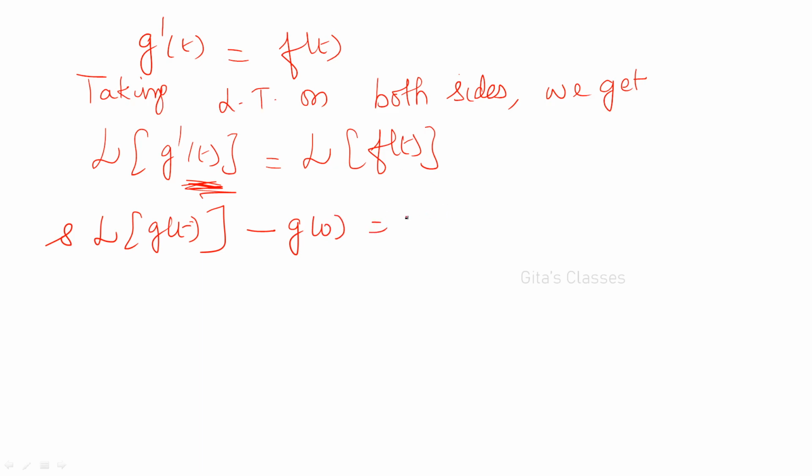Recall L of f dash of t is s into L of f of t minus f of 0; in place of f I have g. Here L of f of t is f bar of s. We have found g of 0 as 0, so this term will not be there: L of g dash of t is s into L of g of t.